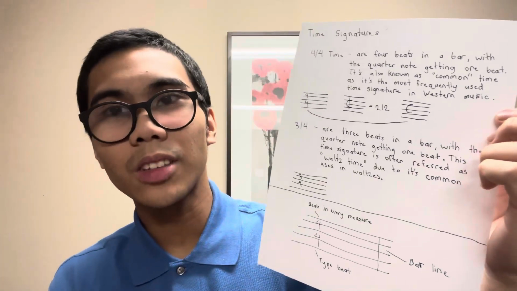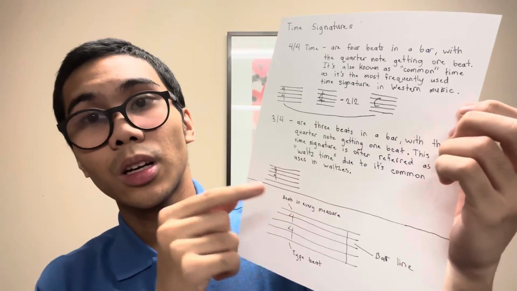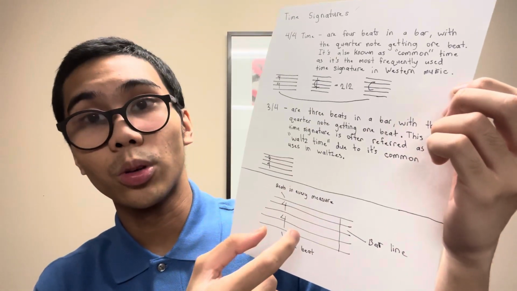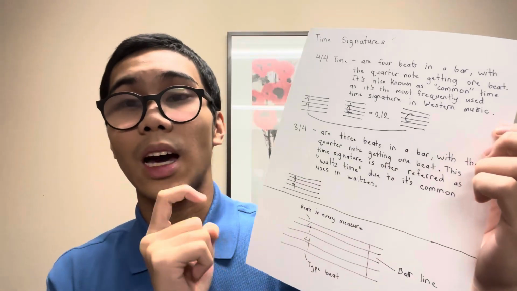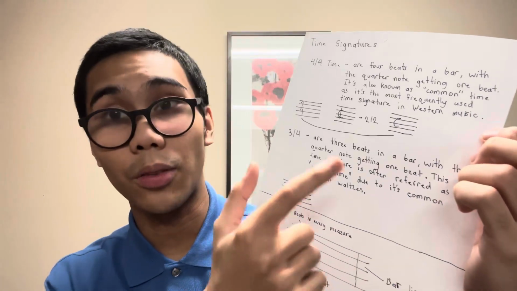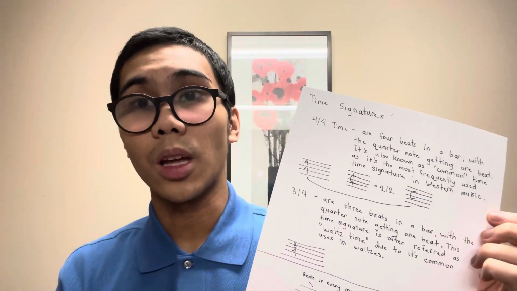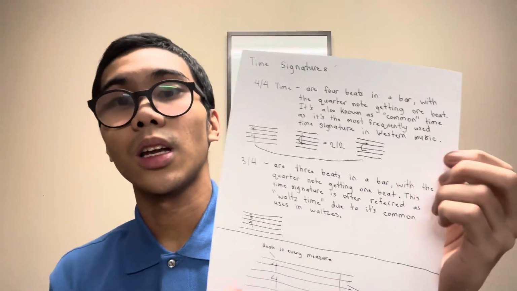For example, if I put a quarter note, a quarter note has 1 beat. One quarter note is 1 beat, and if I put 4, that's 4 beats. And if I put a half note, that's 2 beats.